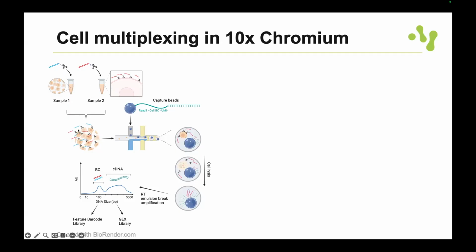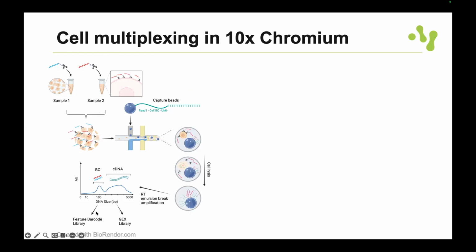So you have sample one and sample two. Sample one got the blue barcodes, sample two got the red barcodes, and then you capture these in the droplet, and as you break and amplify, you have a barcode library that is actually shorter in size.